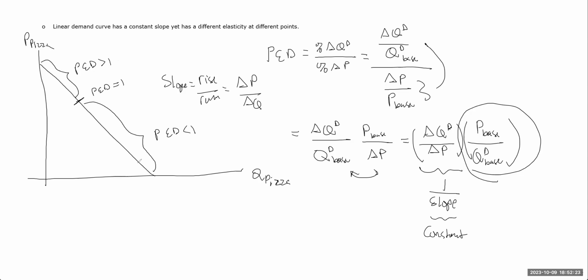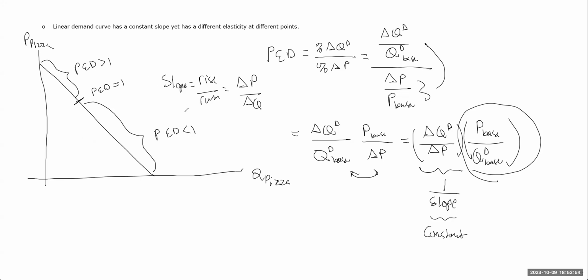But if you use numbers down here, the prices are super low, and the quantity demanded is so high that it will flip. The price elasticity of demand will be less than 1. And then somewhere in the middle, it'll equal 1. And so again, it's because of the P base divided by quantity demanded base. All right. Now let's move on.